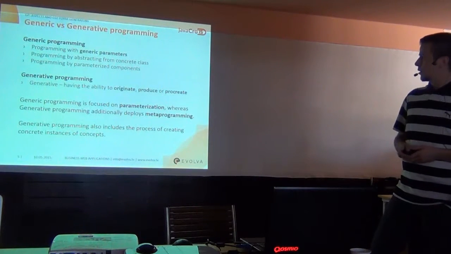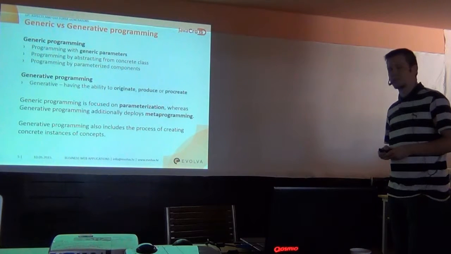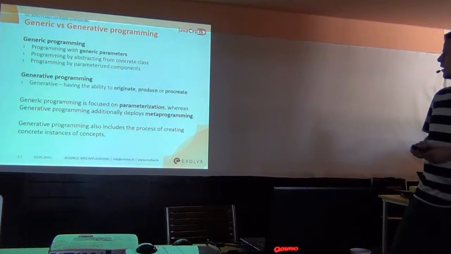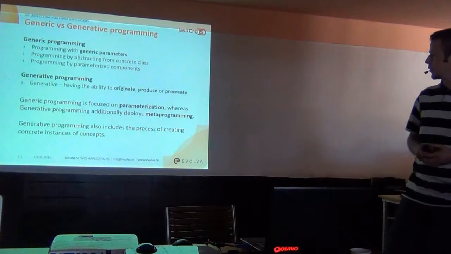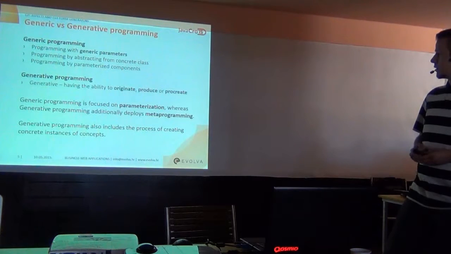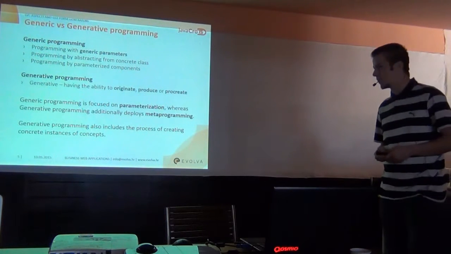Now we're going to talk a little bit about generic and generative programming. Those are two terms that are similar but most certainly not synonyms. Generic programming has a few definitions, and it is used in a little bit different ways in today's literature. But the most common definition for generic programming is programming with generic parameters.